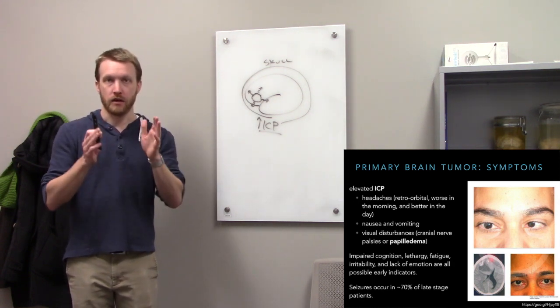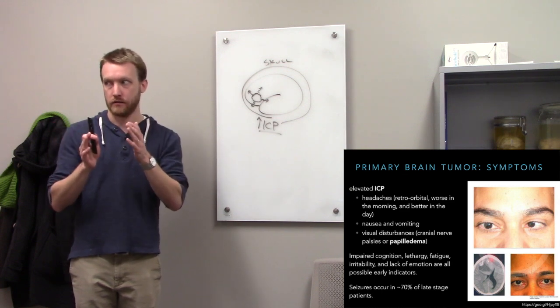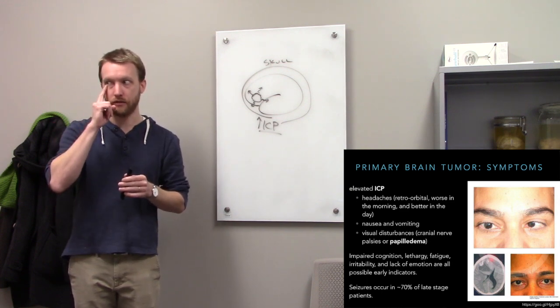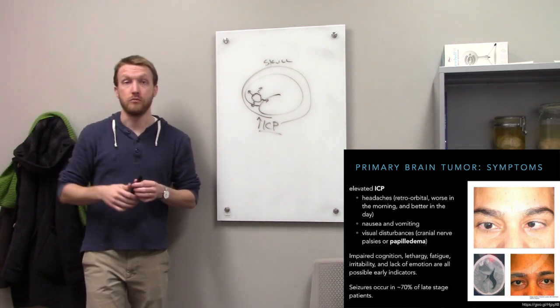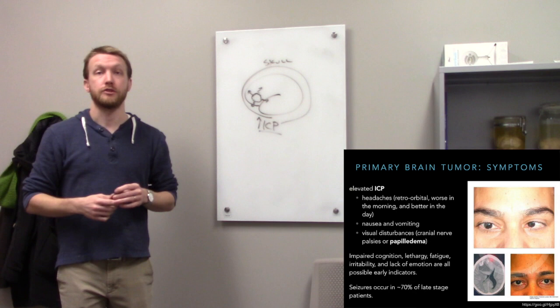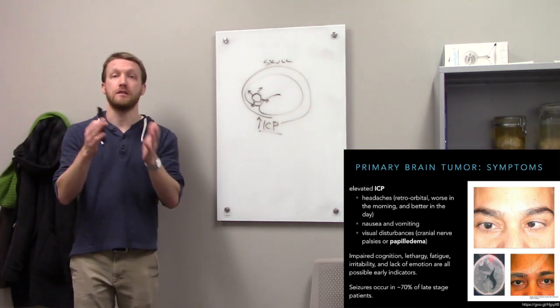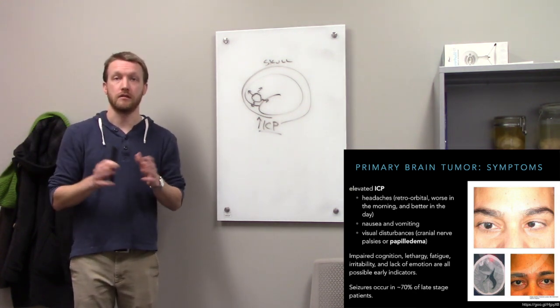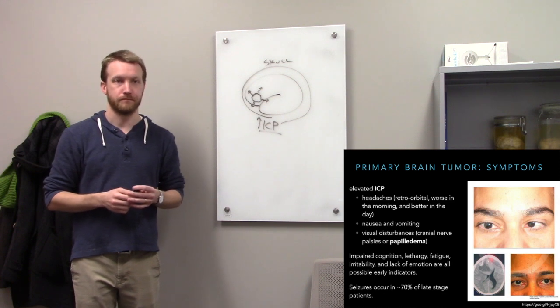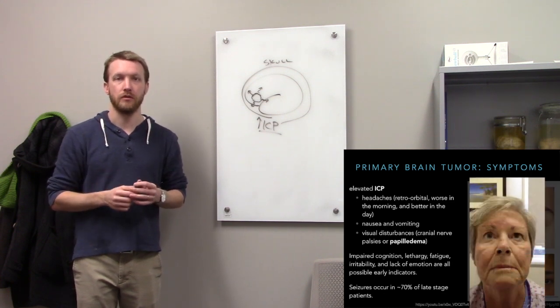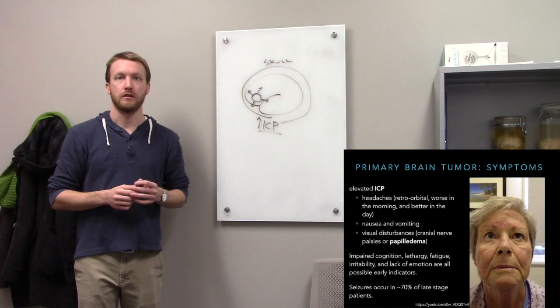So when looking to the right there, you can see that his right eye fails to abduct. After removal of the tumor, shown on the bottom left of the panel, you can see that his eyes are restored. Here's another example of sixth nerve palsy here.